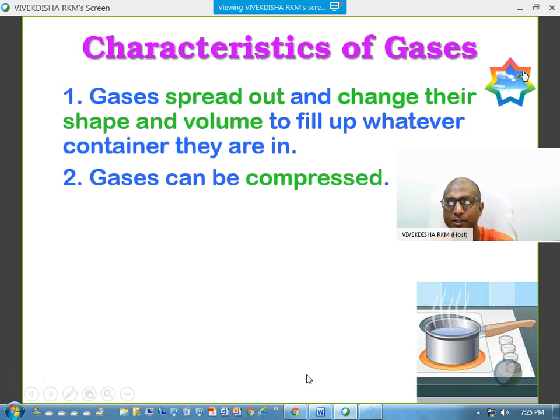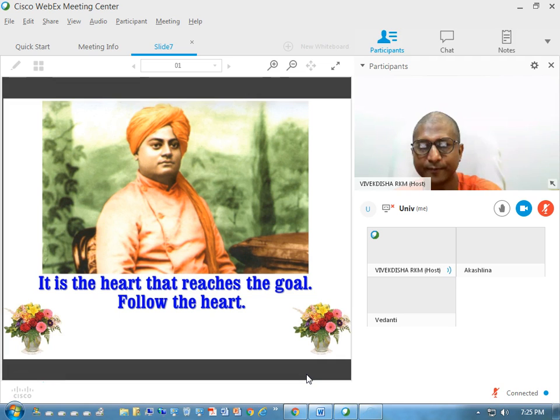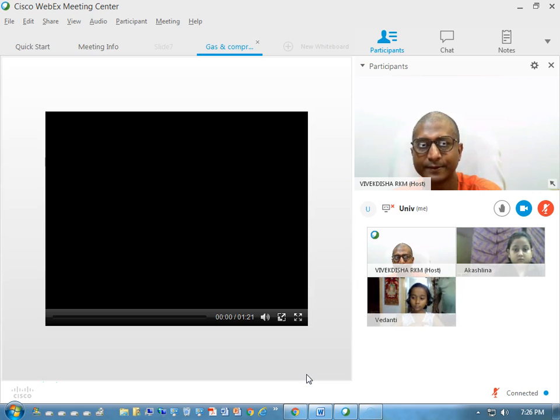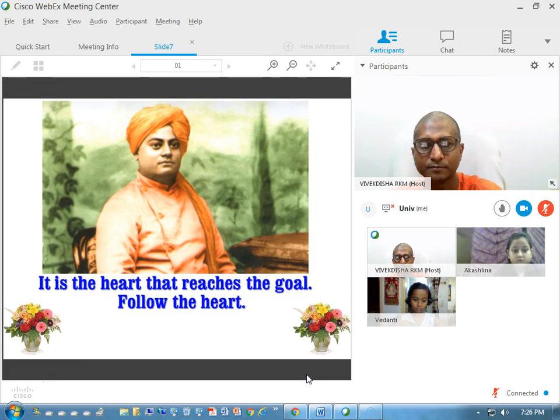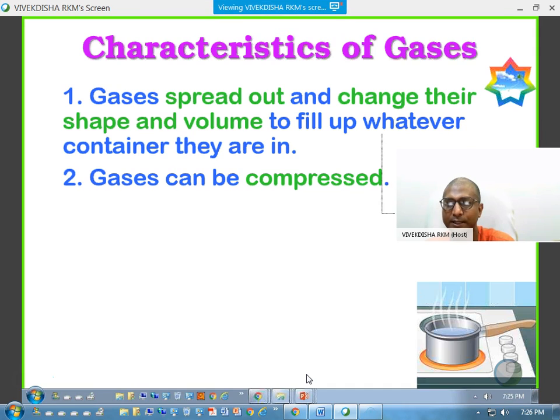Let me check once more. Try to see this one and to understand. Let me show you. First to check this one and then to come. Try to see this one and to understand that also.